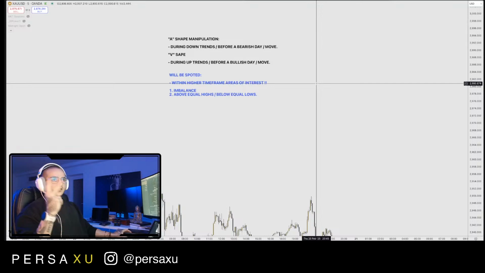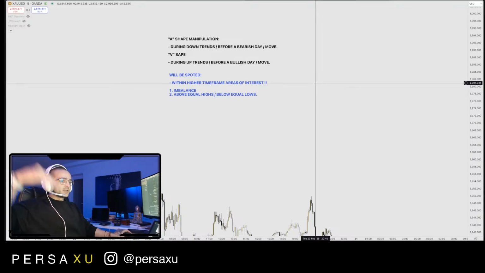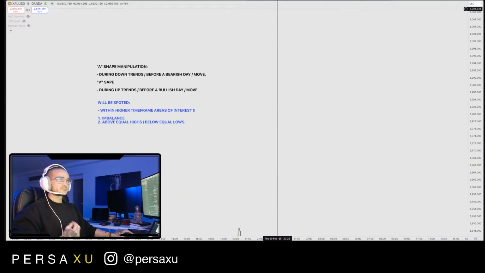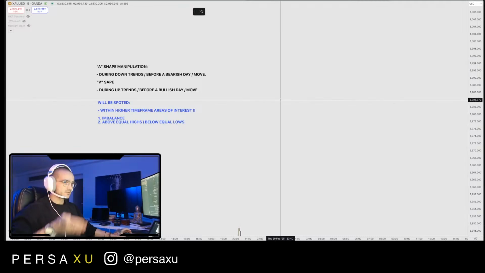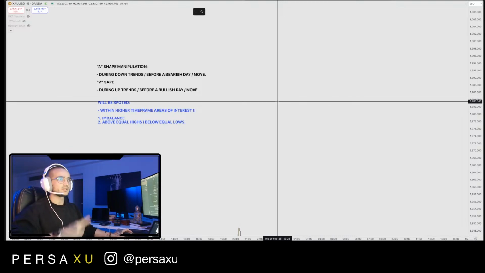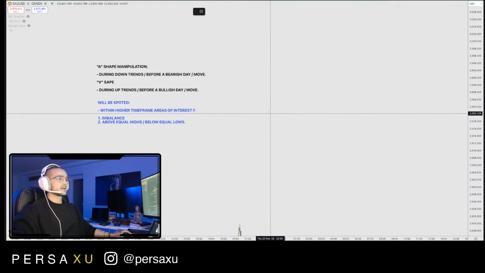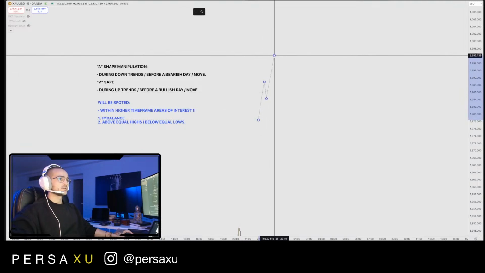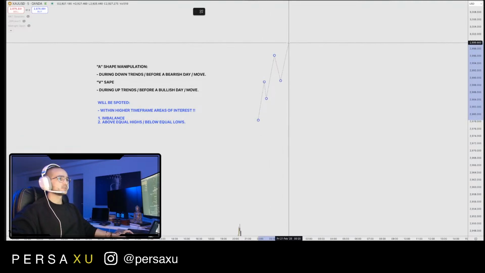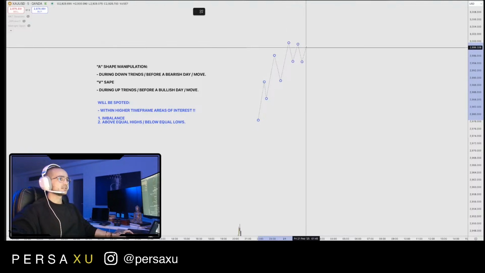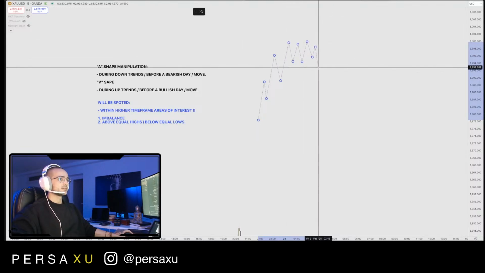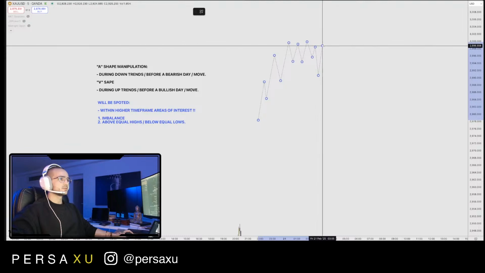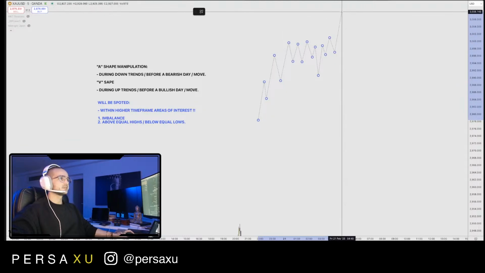So we got A shapes that are going to occur as the market comes down, because the market has to go up in order to come down. And V shapes when the market is going up, because it must come down in order to go up. That being said, I'm going to illustrate it real quickly. We have the market going on uptrend. It consolidates and is going to leave a V shape manipulation before continuing the trend.